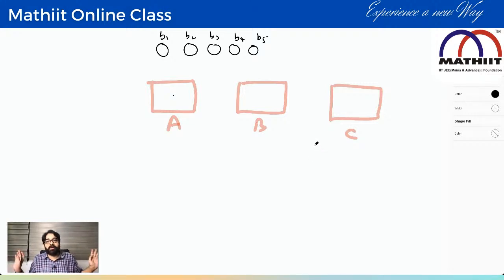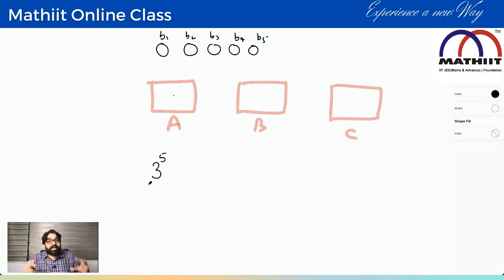I don't know the sigma formula. First thing, I will simply place the balls with no condition. In how many ways can ball 1 go? 3 ways, second 3 ways, third 3 ways, fourth 3 ways, fifth 3 ways, means 3 power 5. I know this is the wrong answer.